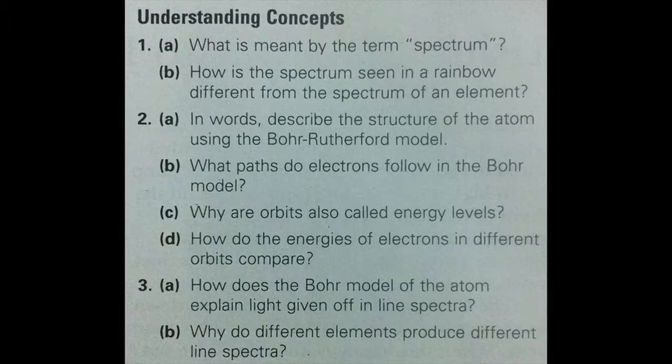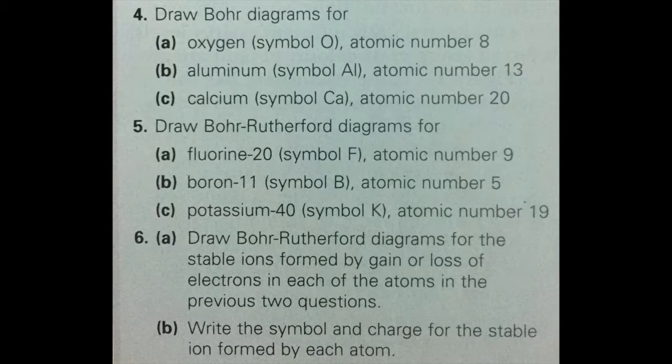C. Why are orbits also called energy levels? And last, D. How do the energies of electrons in different orbits compare? 3. A. How does the Bohr model of the atom explain light given off in line spectra? B. Why do different elements produce different line spectra?